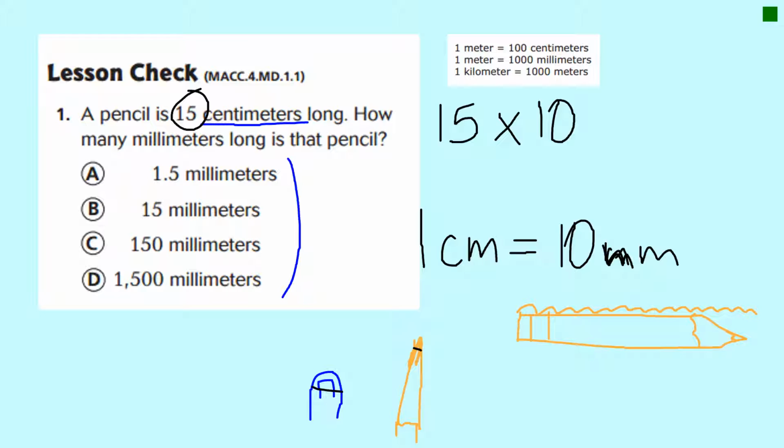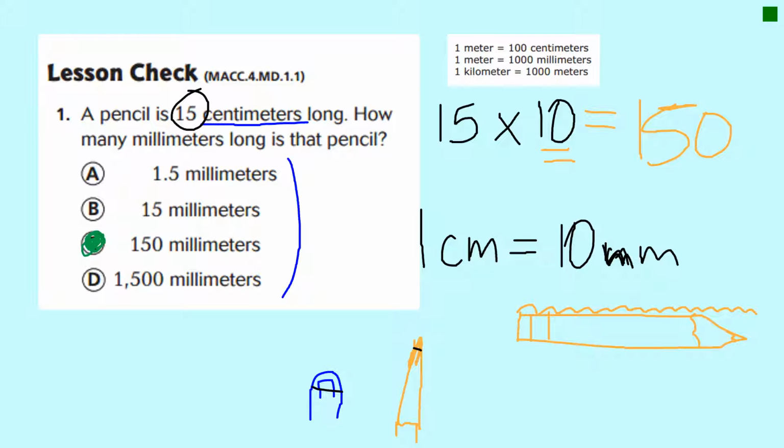Each of those centimeters has 10 millimeters in it. 15 times 10. You know how to multiply by 10. 150 millimeters. Ringy ding ding. Okay? Very nice job, boys and girls. They didn't trick us, all those 1s and 5s.